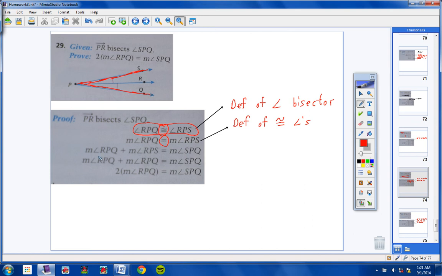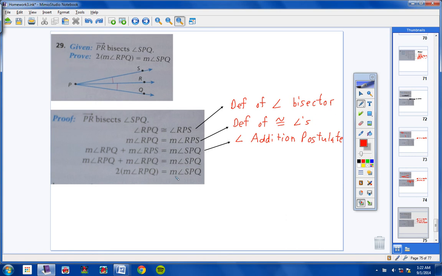They put little angle RPQ plus little angle RPS equals the big angle SPQ. And you can definitely do that. Okay, we know that we have a postulate that's called the angle addition postulate. Now, you don't have to put the word postulate. If you want to, you can. Okay, so we added two little angles together to get the bigger angle, and we call that the angle addition postulate.